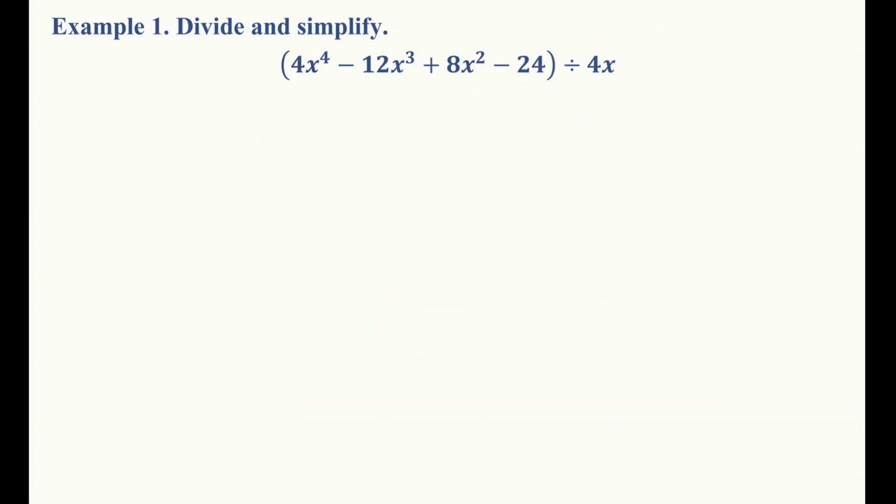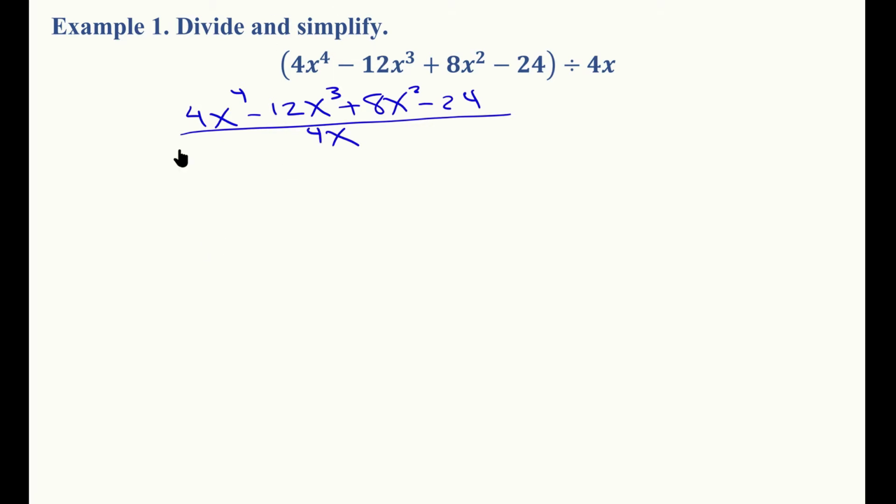So here we have a problem which we will take a look at, and we're going to first go ahead and write it as a fraction. So we have 4x to the 4 minus 12x cubed plus 8x squared minus 24 over 4x.